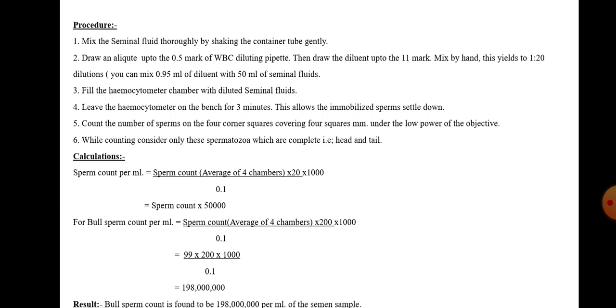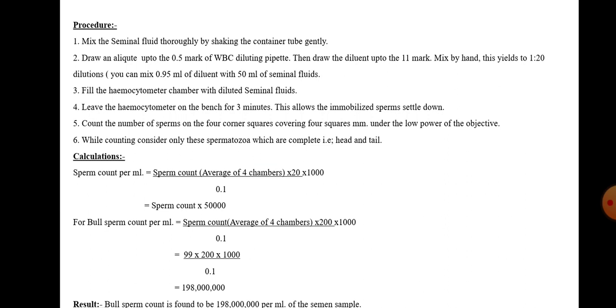After blowing the fluid from the WBC pipette into the grooves on the hemocytometer slide, you have to allow the sperms to settle on the slide itself for 3 to 5 minutes, so that these sperms become stable, and you are very easily able to count them in the WBC corners. So leave the hemocytometer on the bench for 3 minutes. This allows the immobilized sperms to settle down.